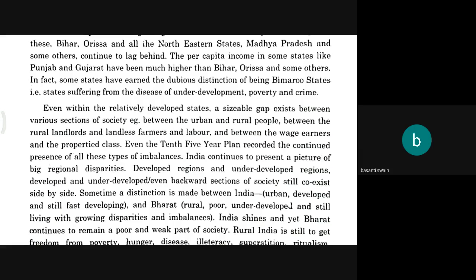Within the relatively developed states, a sizable gap exists between various sections of society, such as urban and rural people, rural landlords and landless laborers, farmers and laborers, and between wage earners and the property class. Even the 10th five-year plan recorded the continued presence of all these types of imbalances.